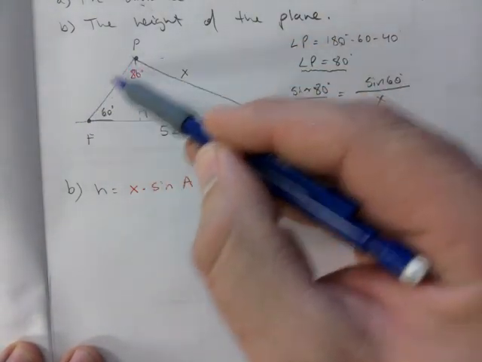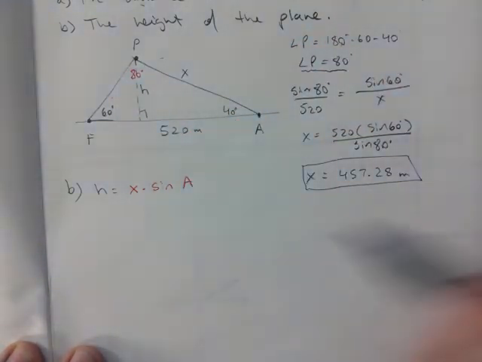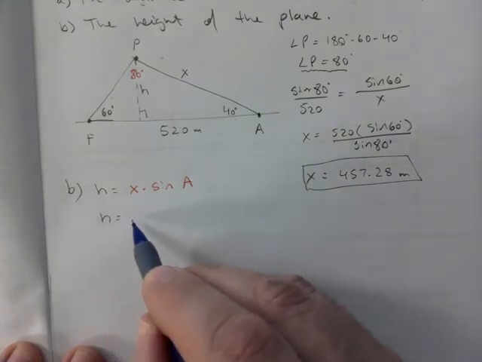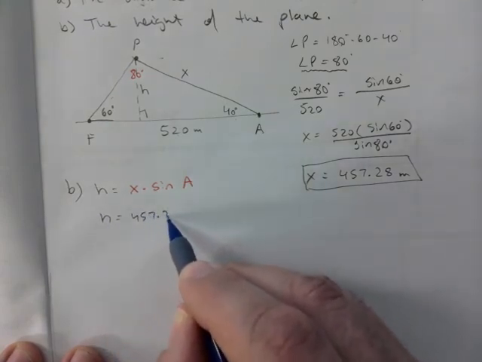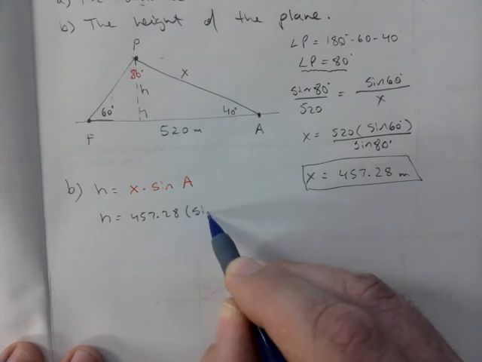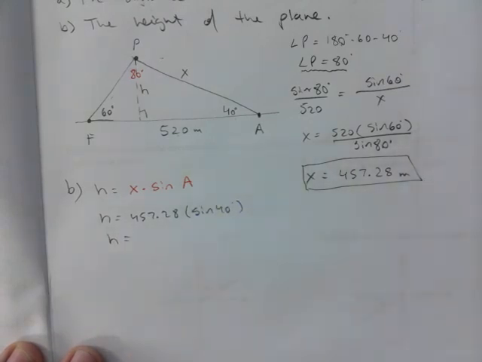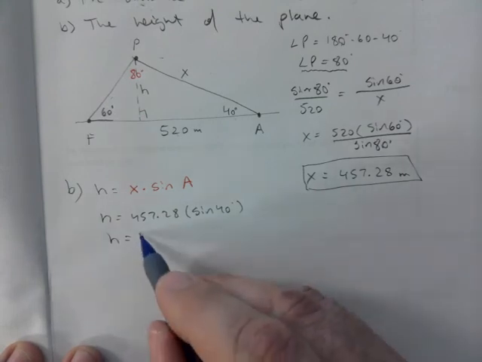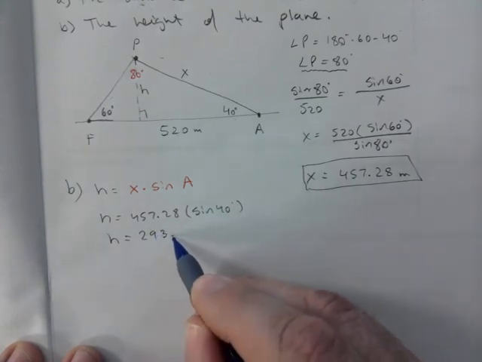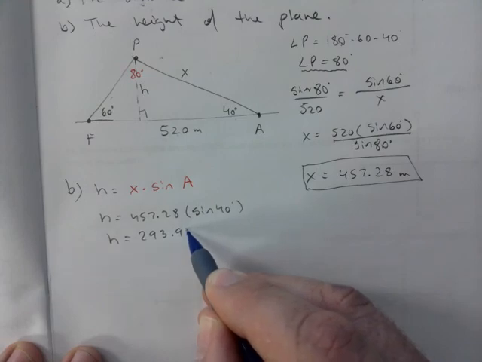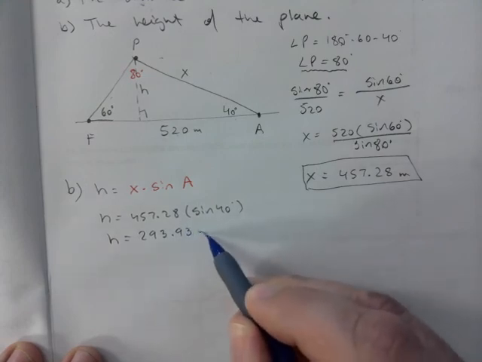I don't know this one. I could find it, but I'm not going to bother. So it's just 457.28 times sine of 40 degrees. I still have this on my calculator, so I'm just going to go times sine of 40, and that's 293.93, and we're in meters.